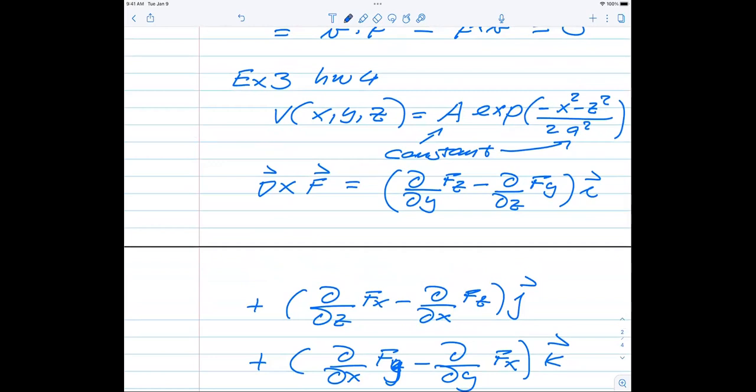Now, in this specific case, if you look at the derivative with respect to y, can you immediately say, without doing any calculation, what the value should be? 0, because there's no y dependence, right? So that's pretty obvious. That means that all the terms which involve a derivative with respect to y, or the y component, will be 0, because there's no component in the y direction for the force.